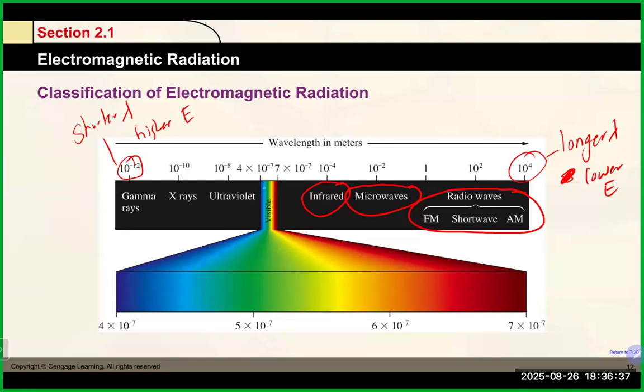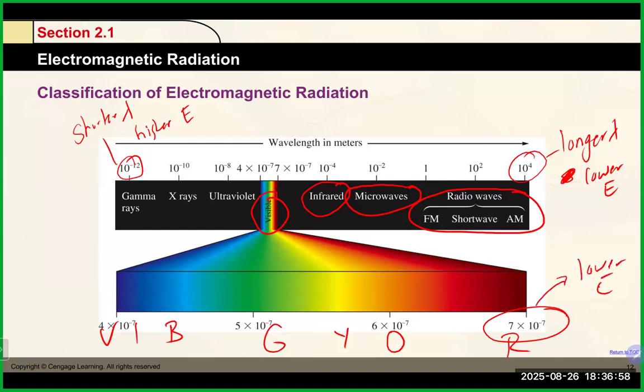Then we have the visible part of the spectrum. That again is where we see color. We have our ROY G. BIV, going this way. And even within the visible part of the spectrum, we can see red over here, kind of 700 nanometers, having our lower energy, longer wavelength.